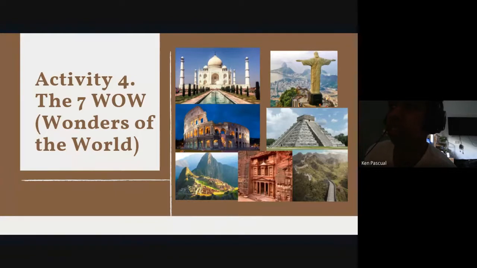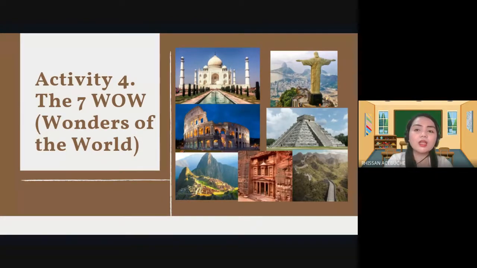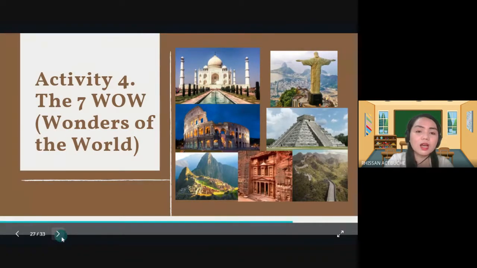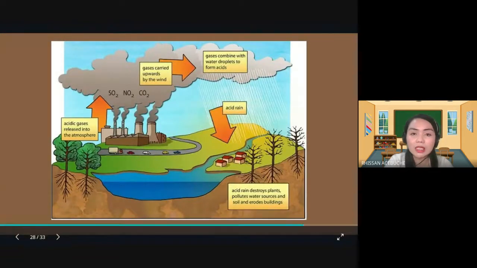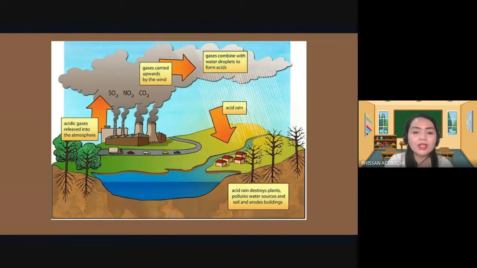That's right. Okay, very good. So they can be weathered, and as much as we want to preserve these 7 wonders of the world, because they hold historical importance to us, we humans are doing some activities that speed up the weathering of landforms and rocks, including these wonders of the world, right?